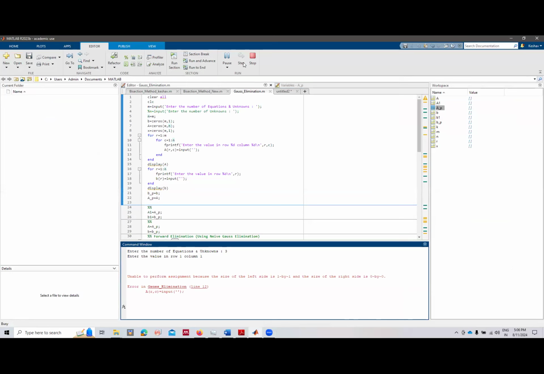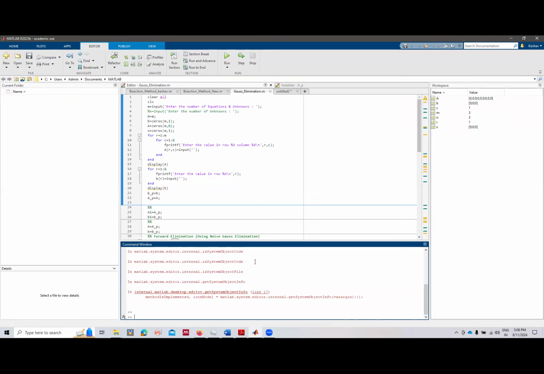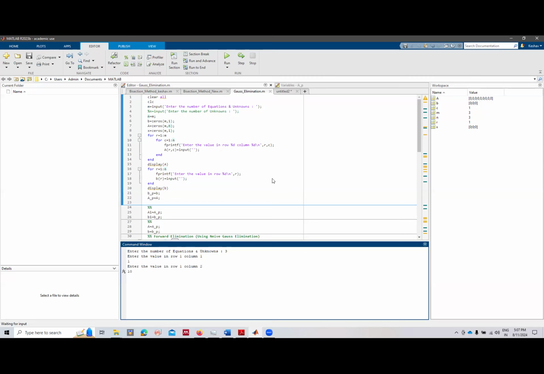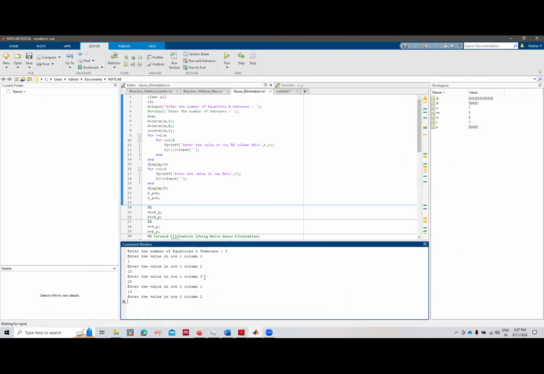So three. First value is 1, then 10, then 20. Then 10, 1, 20.